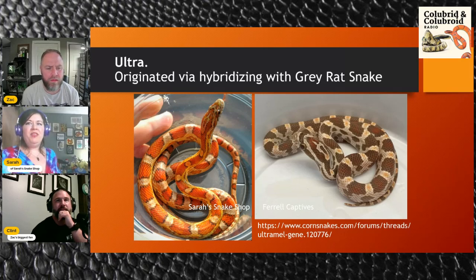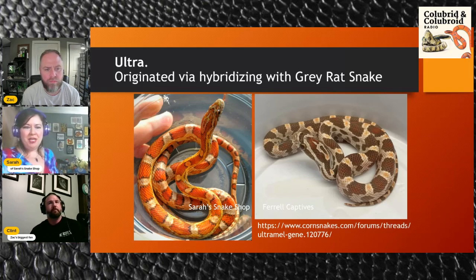They called it the ultra hypo because it's technically a hypomelanistic type. It doesn't have that full melanin. It's reduced a bit. And they thought that every single ultra that they had was het for amel. And it turns out they just had ultramels.